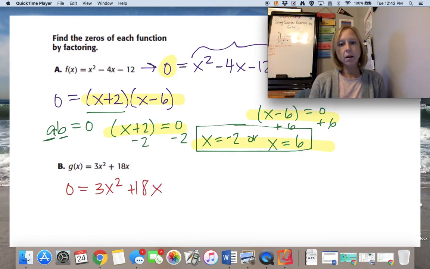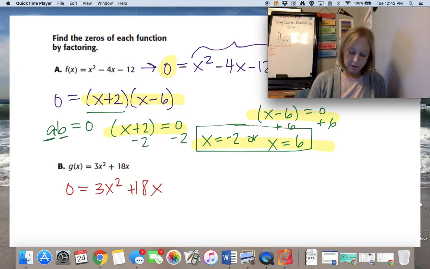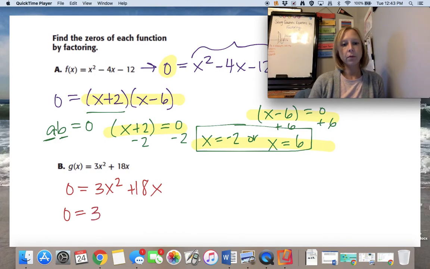Now this is a quadratic binomial. It is not a quadratic trinomial like we saw above. So there's nothing here in this C position. So what I'm going to have to do instead is look at my two terms and look for their greatest common factor and factor that out. So I look at the numbers first, 3 and 18. 3 is a factor of both.